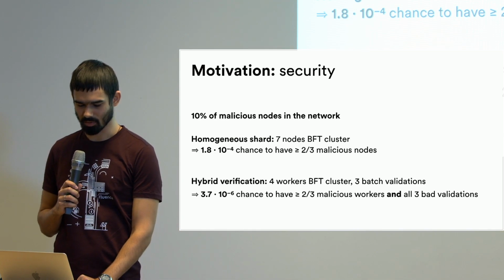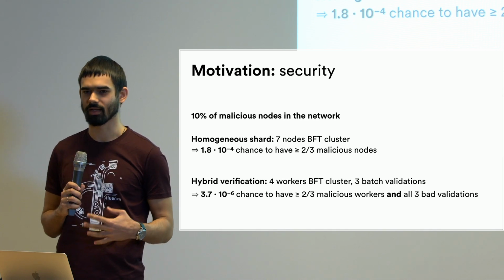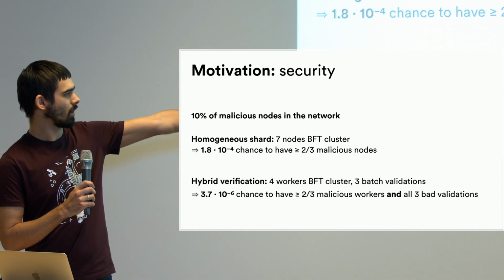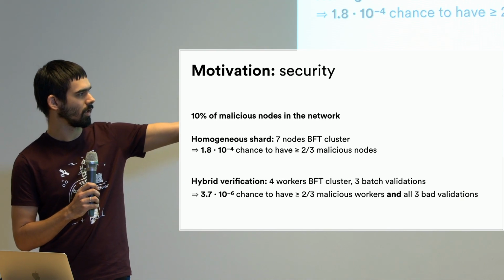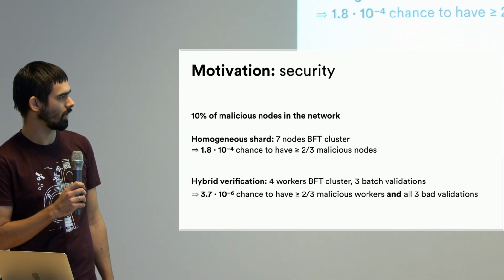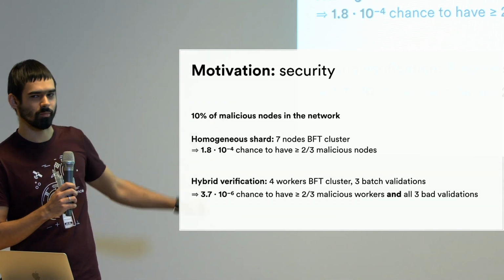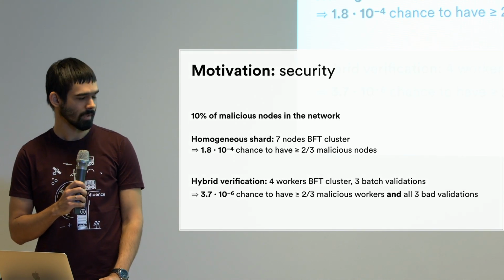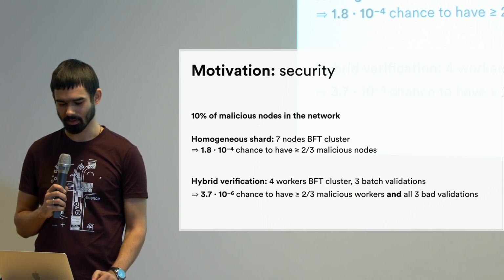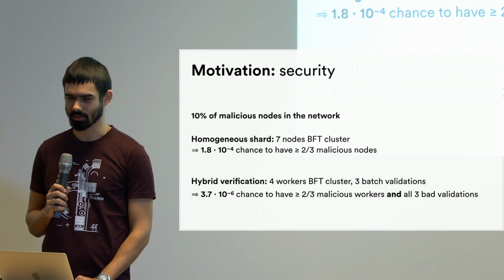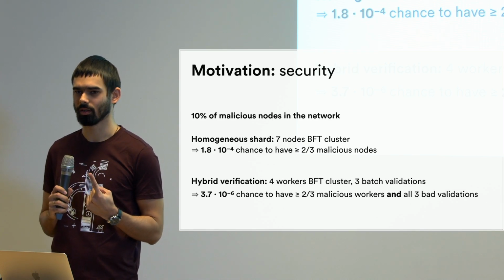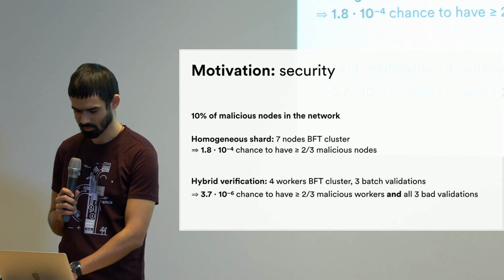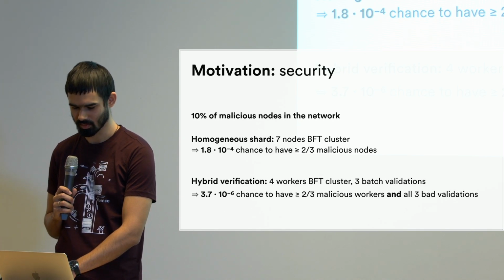But in case of hybrid verification, if we have the same budget for the computations, but divide this budget between real-time workers and paying for validations, we have 2 orders of magnitude better chance to, well, to survive. That's because in case of batch validations, it's enough to have a single honest node to find out the mistake and to have the misbehaving nodes punished.